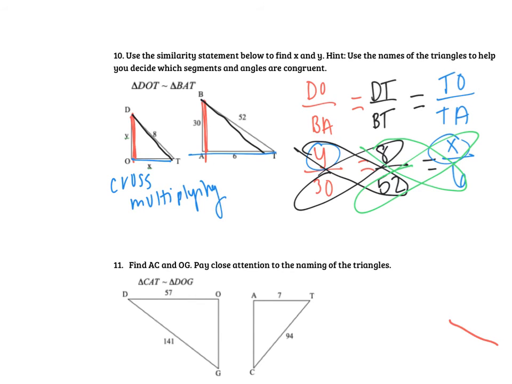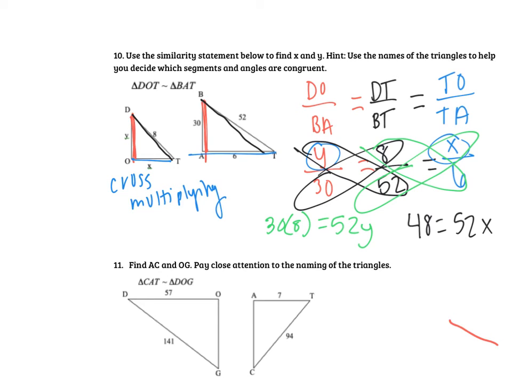So to find Y, I'm going to have 30 times 8 equals 52 times Y. Multiply 30 times 8, divide by 52, and you have Y. Over here, I do 8 times 6 equals 52 times X. 8 times 6, which I know is 48, equals 52X. And then X would be whatever 48 divided by 52 is.